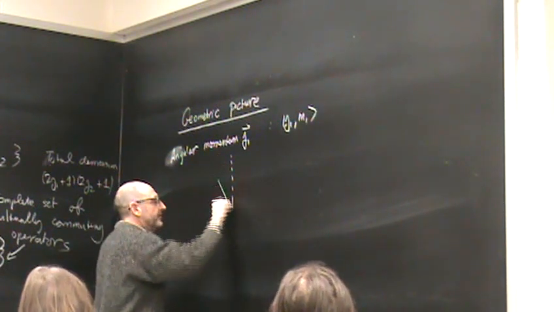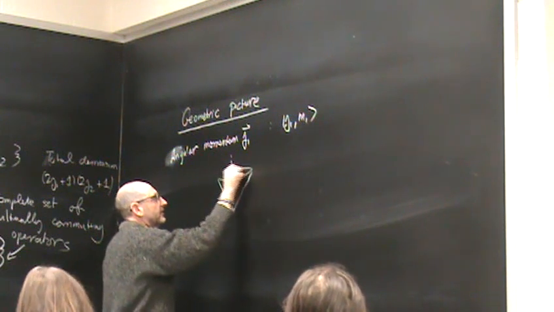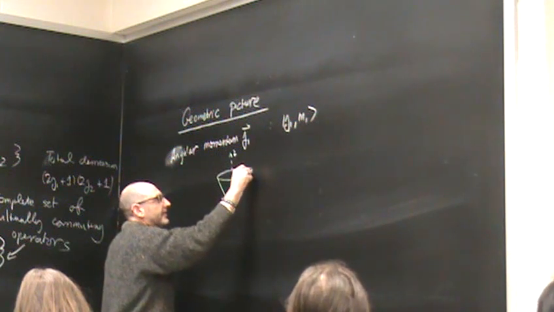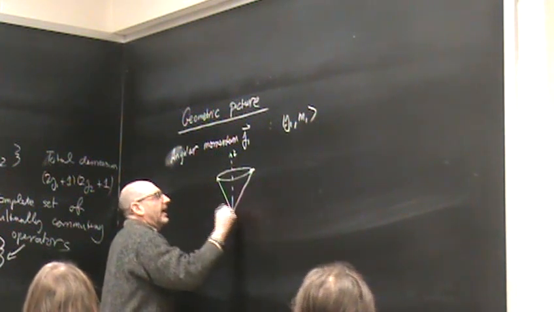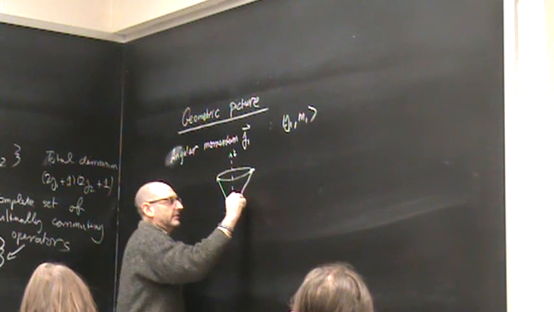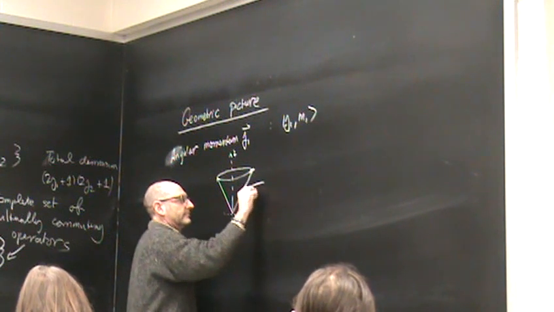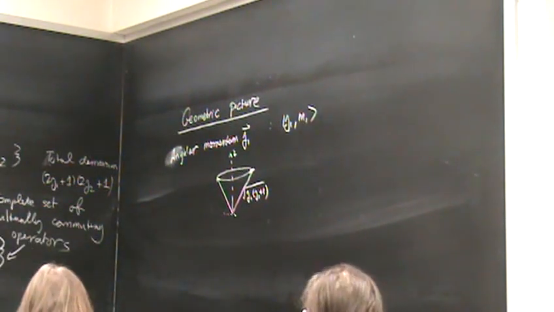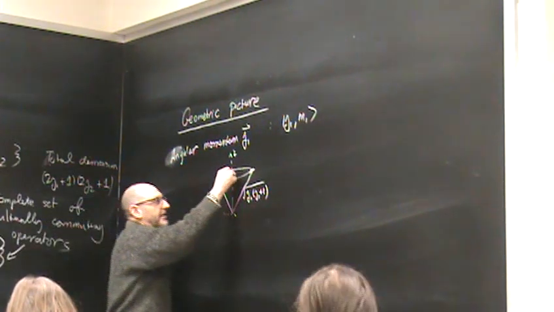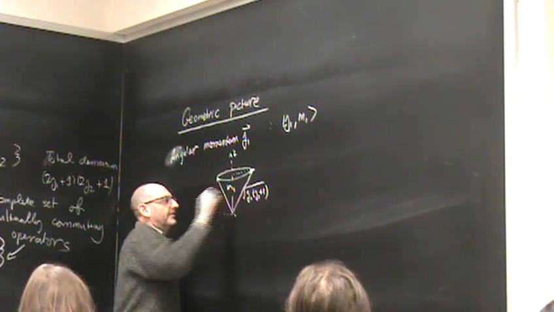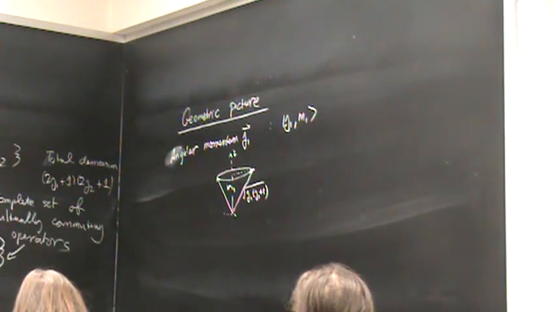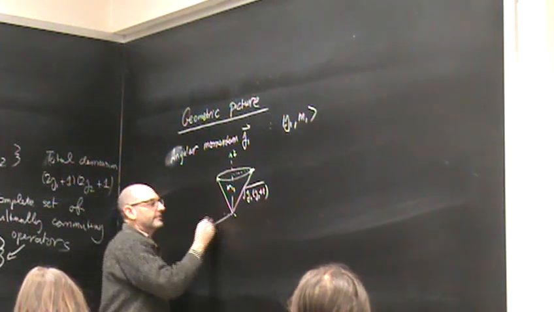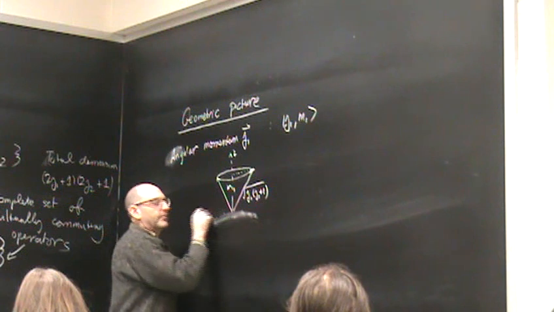That is to say, there is a vector which has a definite magnitude, right? And a definite projection onto the z-axis, but an uncertain projection onto the xy plane.